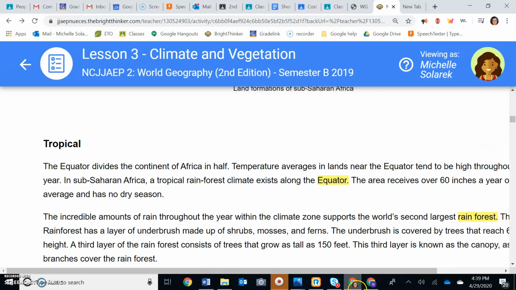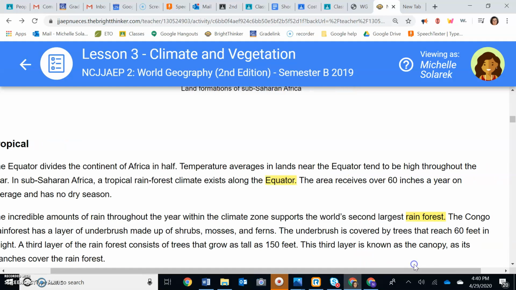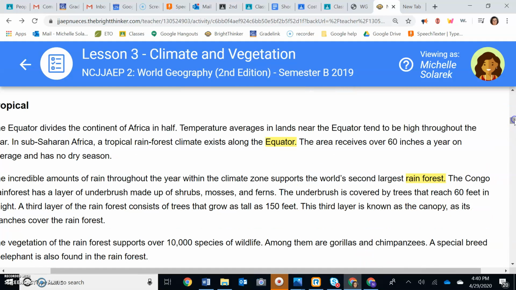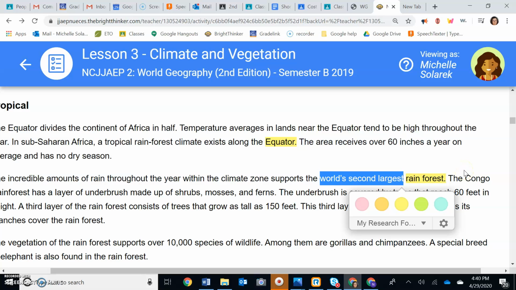So number 3, Africa is home to the 2nd largest blank. Fill in the blank. Africa is home to the world's 2nd largest blank. And so by now you should have written down for number 3, rainforest. So number 1 is the 5 climate zones, number 2 is equator, and number 3 is rainforest. If you have those down, so far you have a 100.